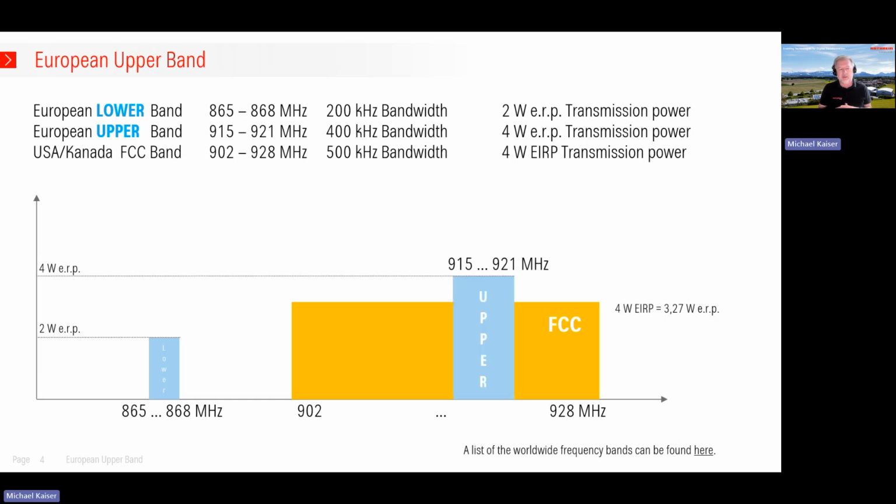New is now the European upper band, which has a frequency allocation of 915 to 921 megahertz and a transmission power of 4 watt ERP. And for the explanation, 4 watt EIRP is around about 3.227 watts ERP, so it's a little bit lower. But you can see already the benefits we can get out of this.